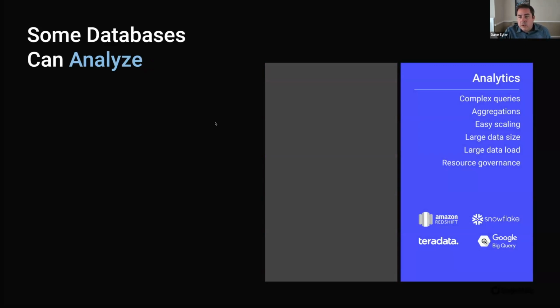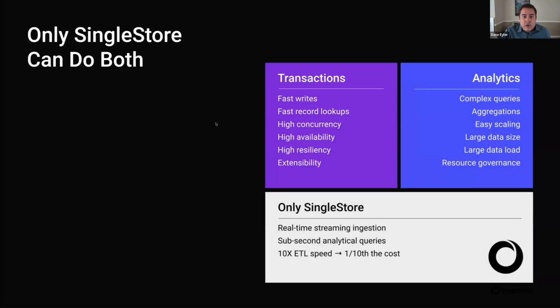They can do complex queries, aggregations, easy to scale, but they can't do those transactions I just talked about. SingleStore is the only one that can do both. And what does it allow us to do that we can do both? We can ingest extremely fast in our pipelines and then run sub-second analytical queries right after you ingested on that data.